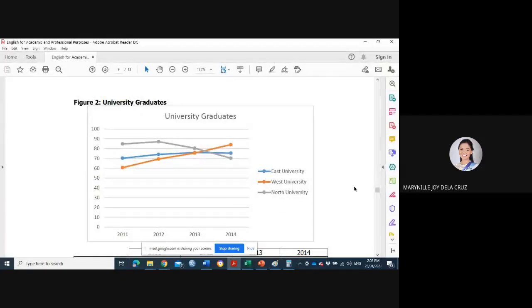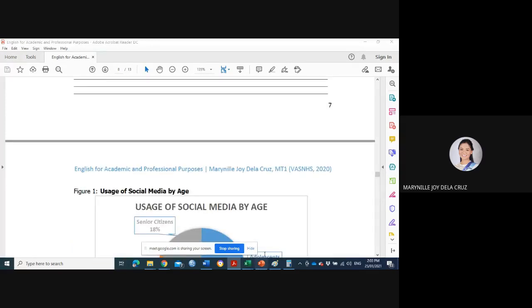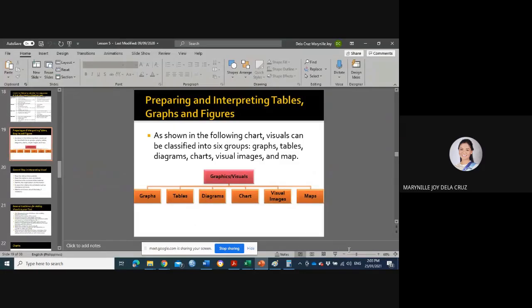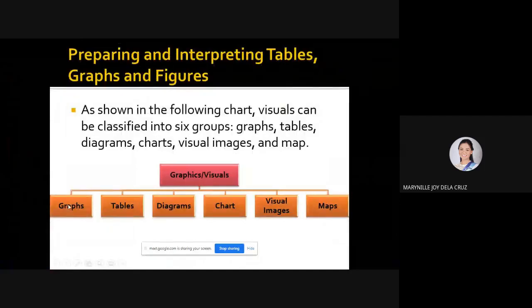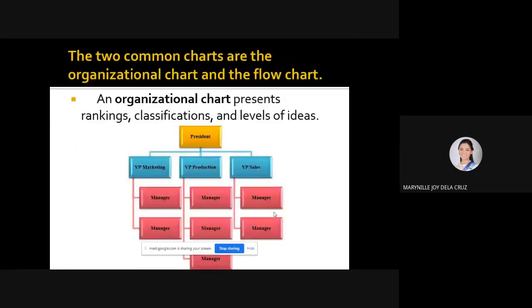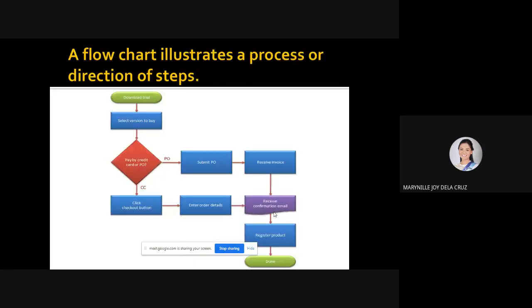Now, that is just a pre-taste on how to interpret the different charts. We have different examples of charts. As you can see, we have graphs, tables, diagrams, charts, visuals, image, and map. For example, the organizational chart is common for experimental research. This one is a flow chart.